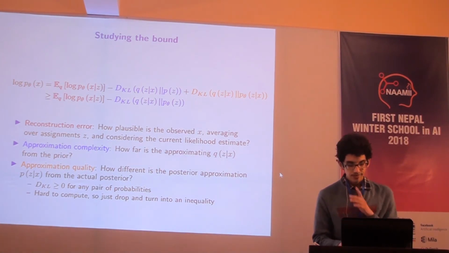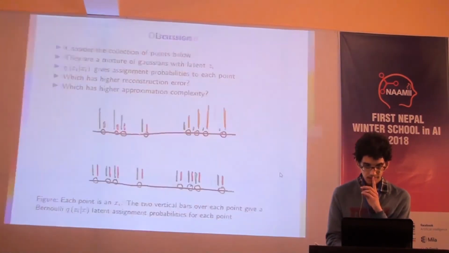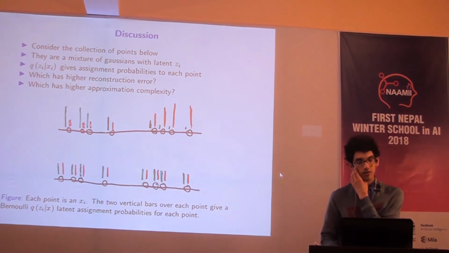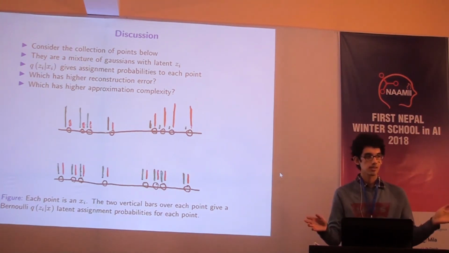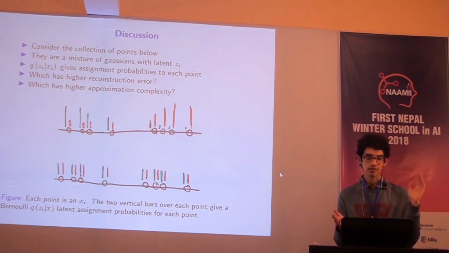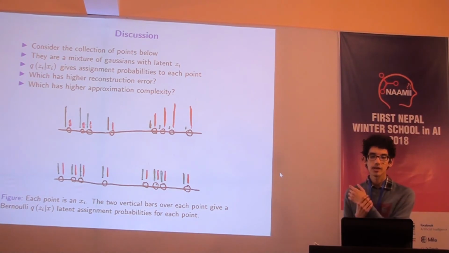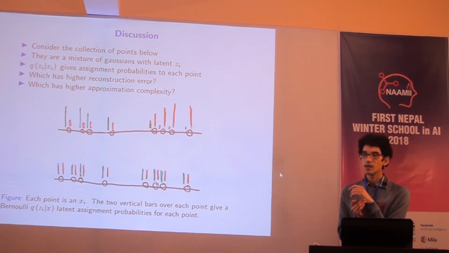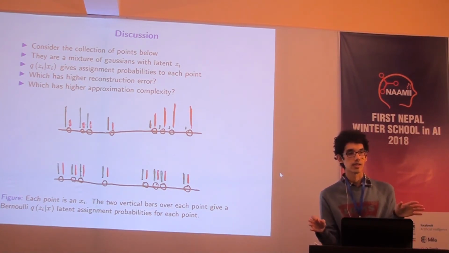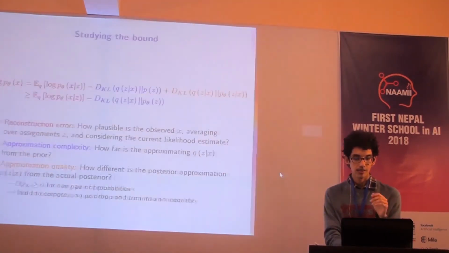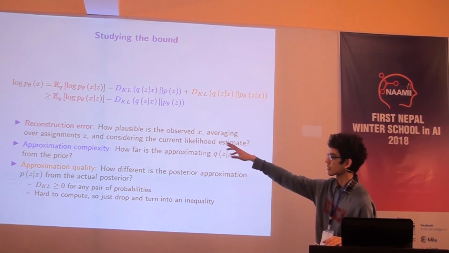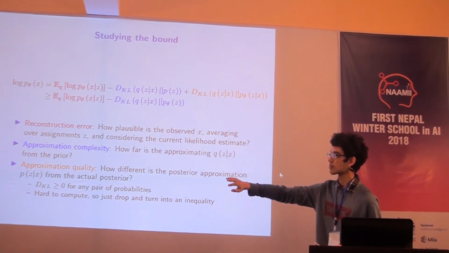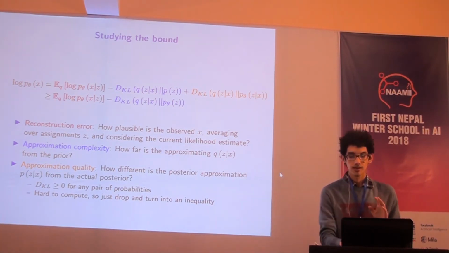Okay, this is a lot of stuff coming at you pretty quickly. Now I want you to try an example. Forget about the math for a second. I want you to see if you understand the interpretation in terms of reconstruction error, approximation complexity, and approximation quality.